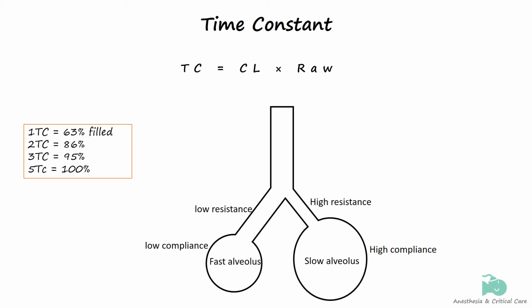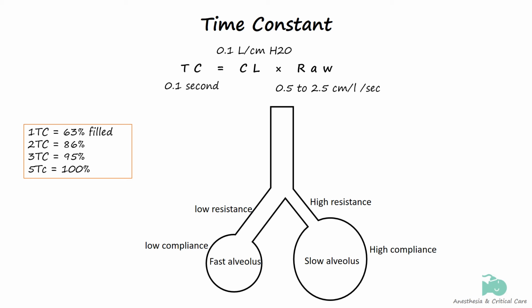At the end of five-time constants, the lung is said to be 100% full. This happens when the lung is free from any disease condition. For normal lungs with a total compliance of 0.1 liter per centimeter water and airway resistance of 0.5 to 2.5 centimeters water per liter per second, time constant is 0.1 second.